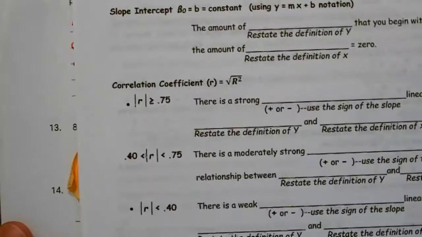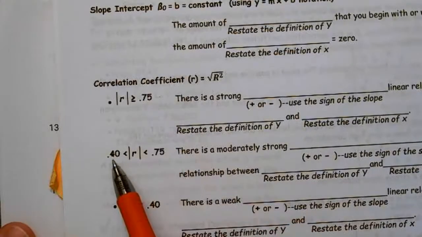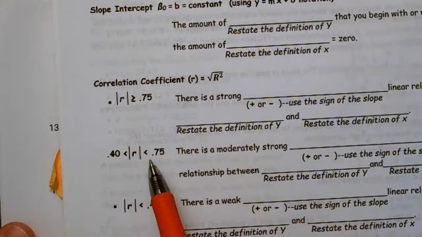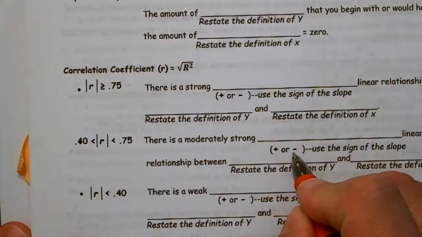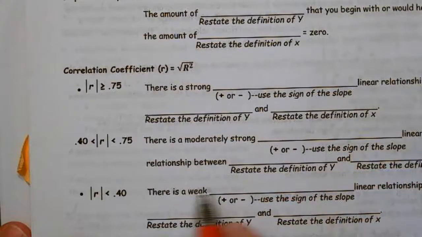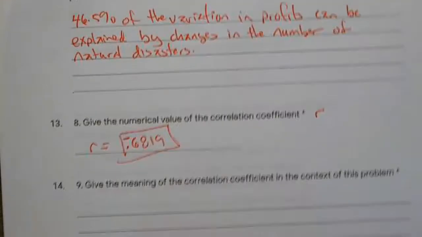So the correlation coefficient, well, it's not greater than 0.75. It's between 0.4 and 0.75. So there's a moderately strong, and we said in this case it was negative, linear relationship between annual profits and natural disasters.